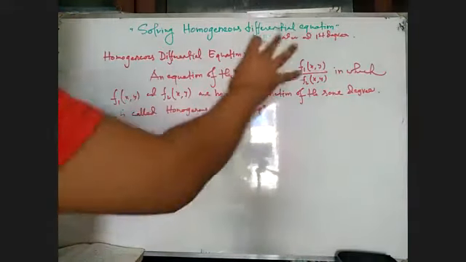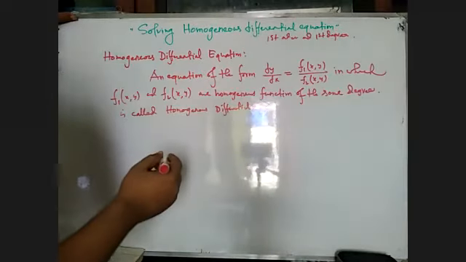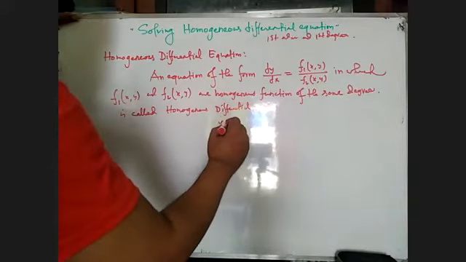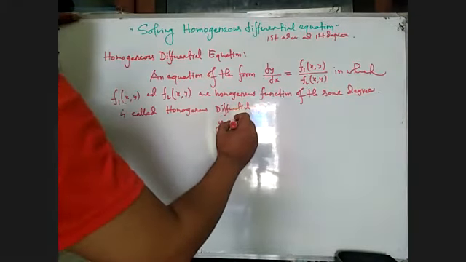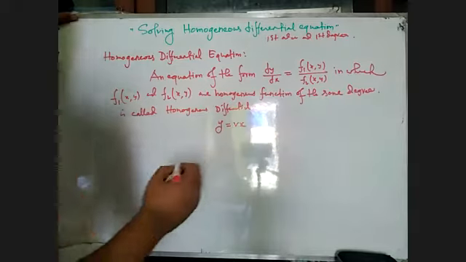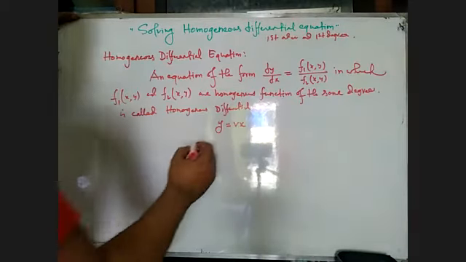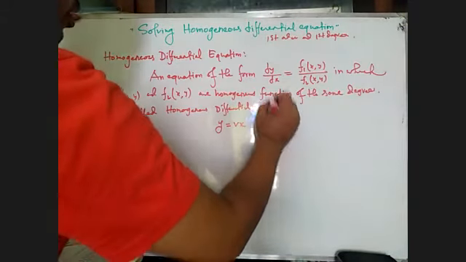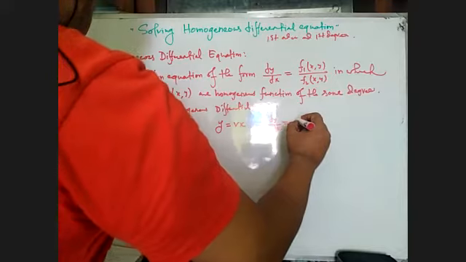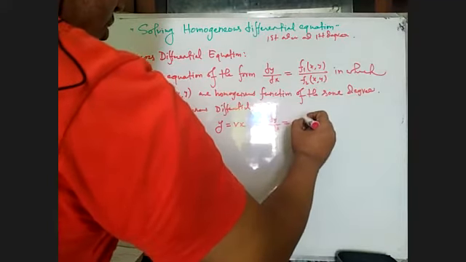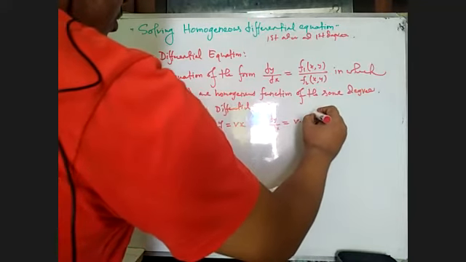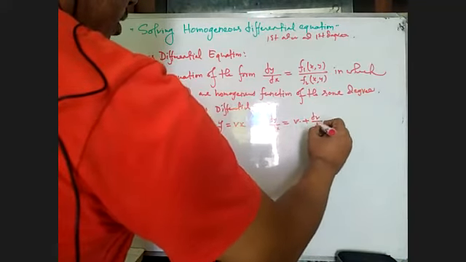For solving these types of differential equation, we have to put the variable y like this, y equals v x. Then what will this differentiation dy/dx be? dy/dx will be v times the differentiation of x, which is 1, plus x dv/dx.